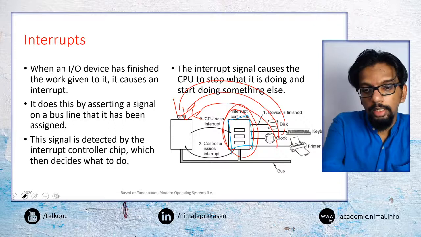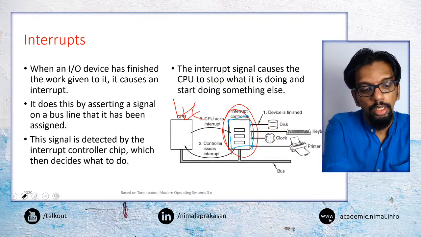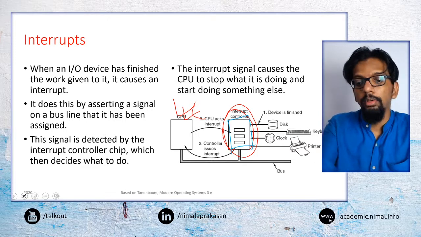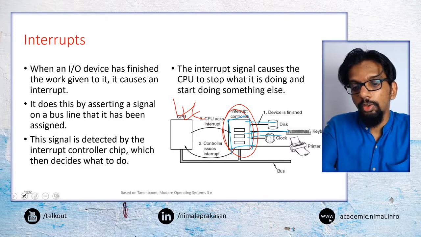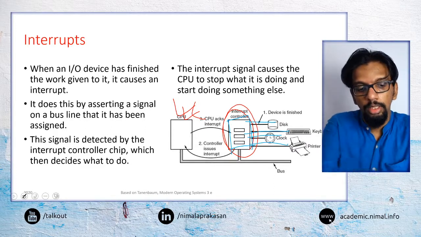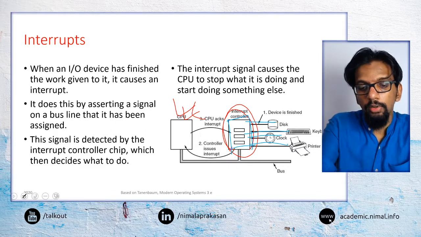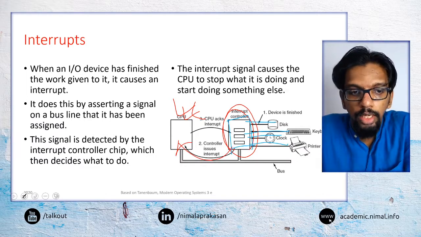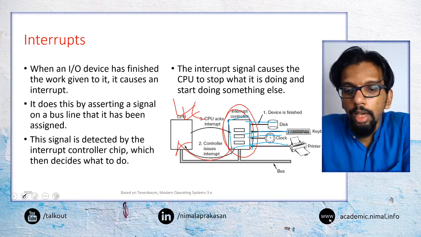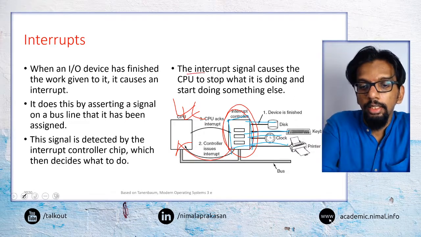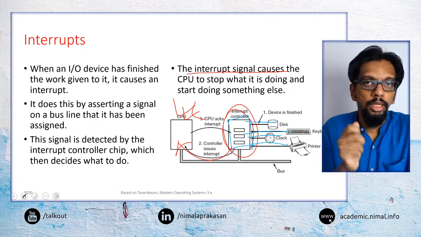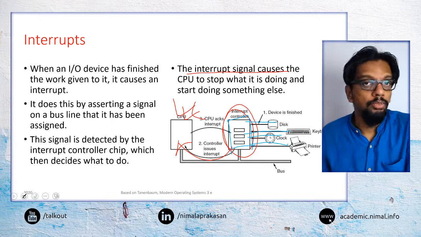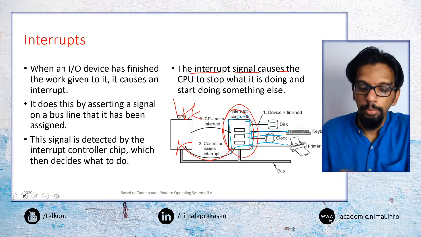So all the external communications with the devices will be managed by the interrupt controller. The interrupt controller will manage all these communications, but then at the end it will only issue interrupts when needed. So that is what we mean by interrupt. Interrupt is basically a signal that will inform the CPU that whatever the given task for that particular IO device was, it is now completed.